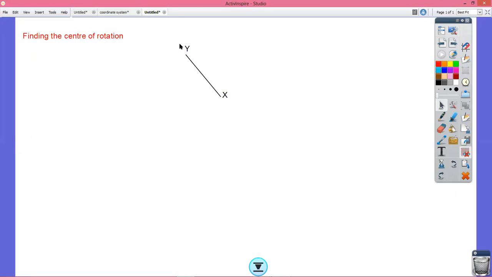Now what we are going to do, we are going to rotate this one.